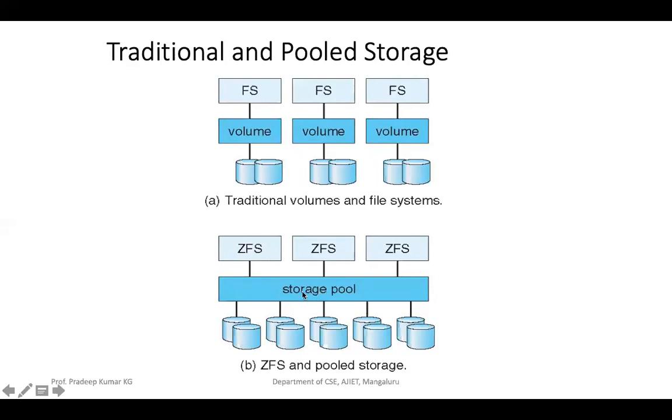On the other side, the storage pool is connected to individual disks. That is the only difference. So please be clear in this picture. With respect to the traditional mechanism, you will have individual volumes for individual file systems. With respect to ZFS, we will have a storage pool, a large single volume.